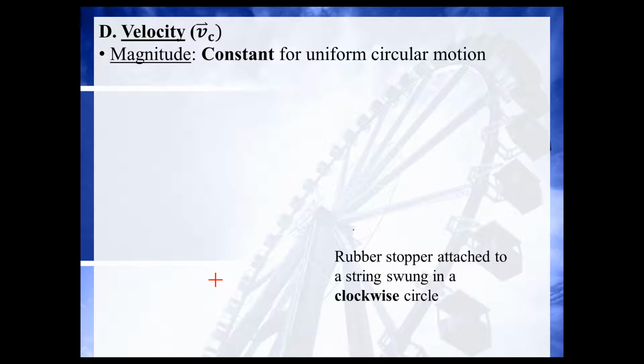First things first, whenever I use this little crosshair or plus symbol, this is an indication of the center of the circle. What I have here is my rubber stopper, that's this rectangular block, and this purple line is going to represent the string. And I want to spin it around in a clockwise circle.